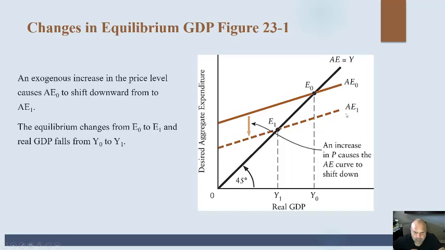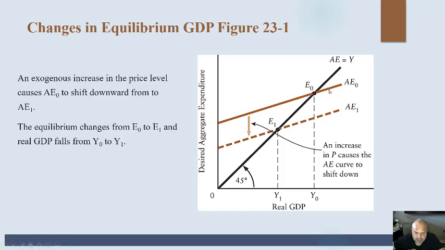If you remember, we derived the aggregate demand curve at the end of our lecture on this topic. And so you could think of the price level as being higher here. So you can think of P0 being associated with this aggregate expenditures curve, and P1, which is a higher number, associated with this. The reason why this shifts down is that if prices were to double, all else constant, then of course you're going to be spending less.